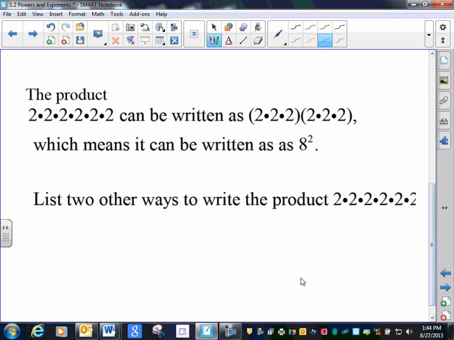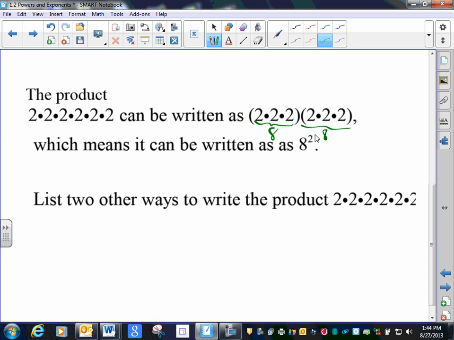Okay, let's look at one more little idea here. The product, and I've got 6, I believe, 2, 4, 6 2's, can be written like this. I can group the first 3 2's times the second 3 2's. And then actually, instead of 2 times 2 times 2, I can write it as 8. And I can write this as 8. And if I've got 8 as the repeated factor twice, I can write it as 8 squared.